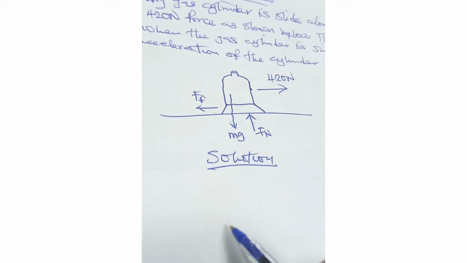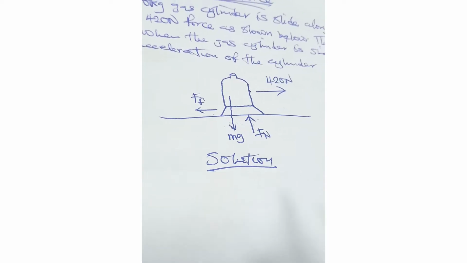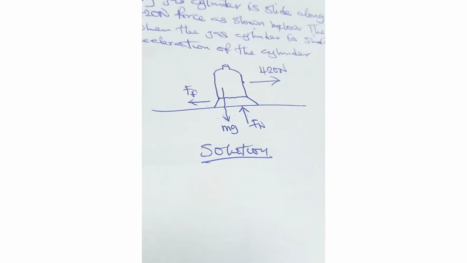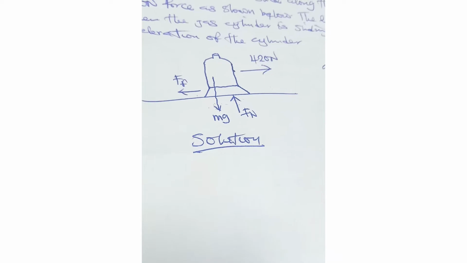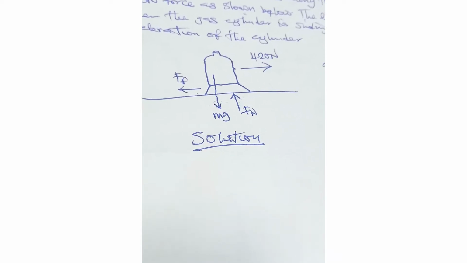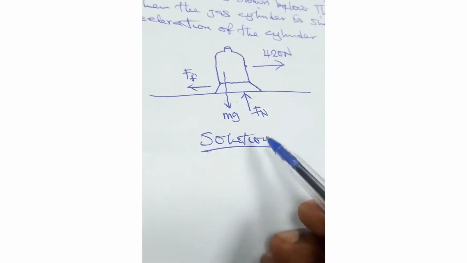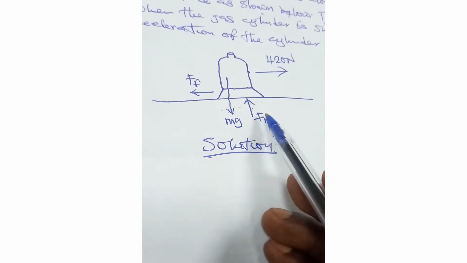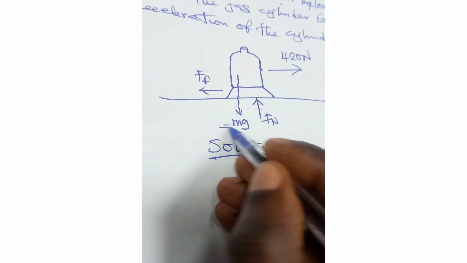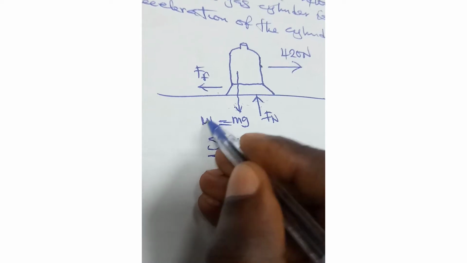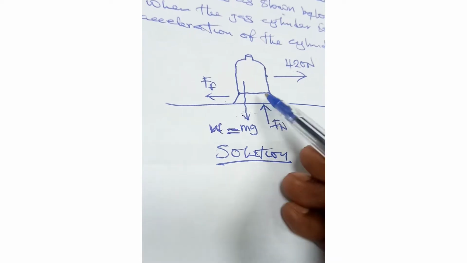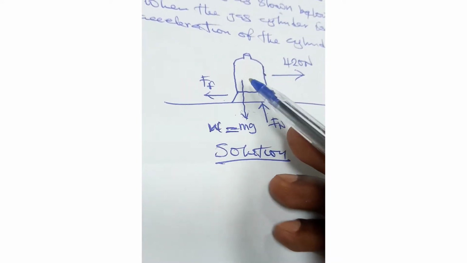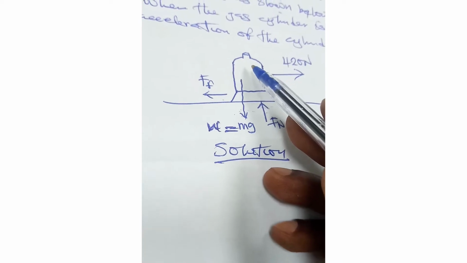Now, let's fully solve that question. If we want to solve the question, remember, it is simple, but it is necessary for us to calculate Fn first. Remember, this mg represents the weight of the cylinder on the floor, while this Fn represents the normal reaction of the floor on the cylinder.